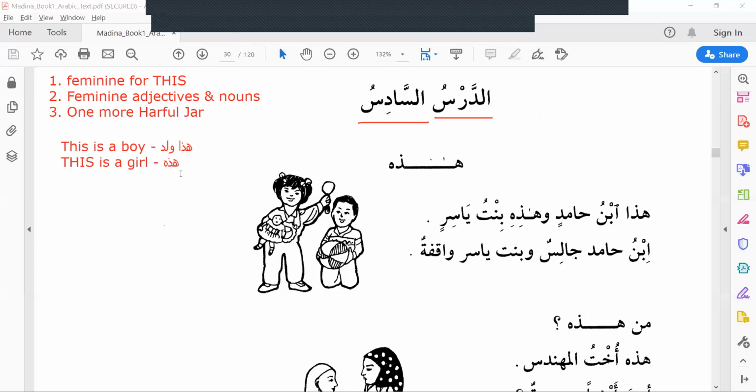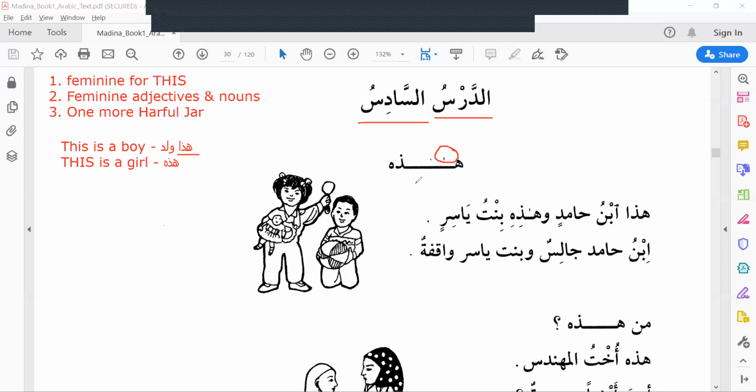We will write it as hadihi, but we will pronounce it with a hamza. You see here? For boy, masculine, we will use hada. If you want to point to something which is masculine, then we use hada.